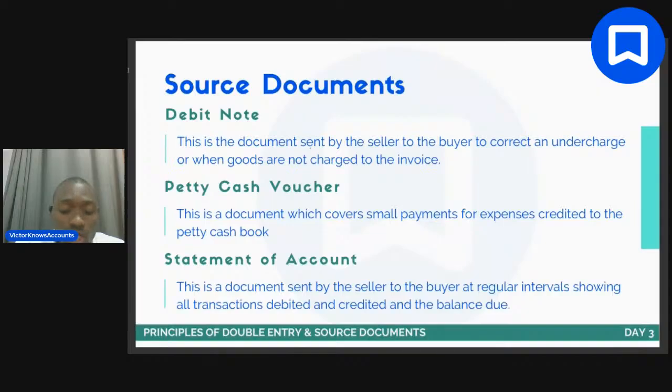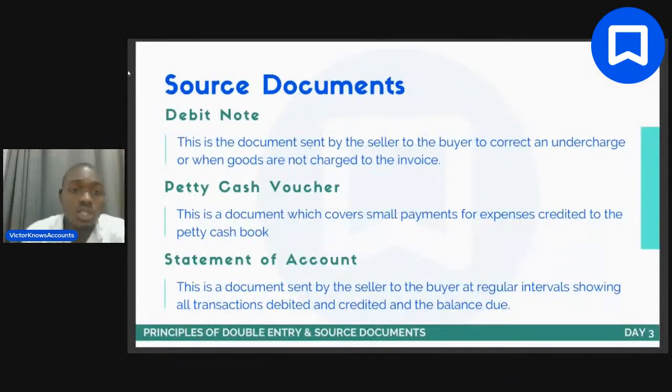For example, if you bought goods worth 500,000 from a supplier, but they mistakenly did not include all of the goods that they transferred to you. They do not include everything in the invoice, for example. Anything that makes the amount of goods that you bought greater than the amount that they asked you to pay, that's an undercharge. It means that they have charged you less for what you actually bought. Do you understand that? That's an undercharge.